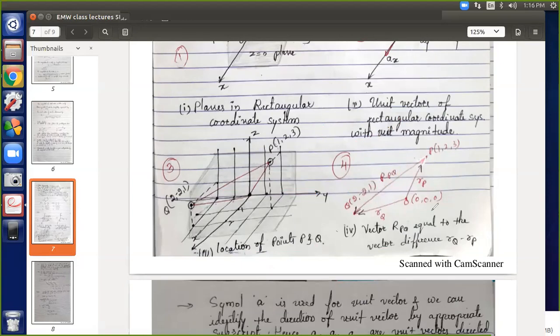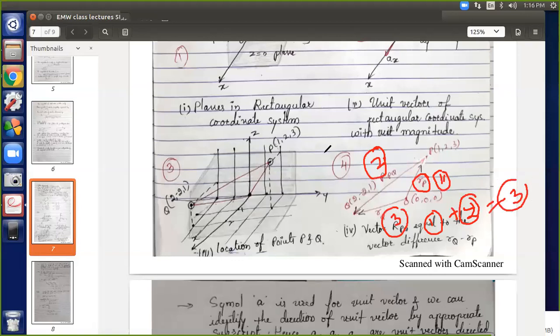Let me just brief it. This is one line, this is the second line, and this is the third line. So first line plus second line is equal to third line.